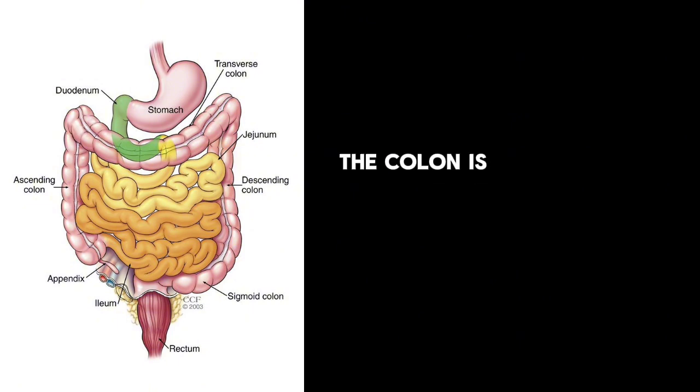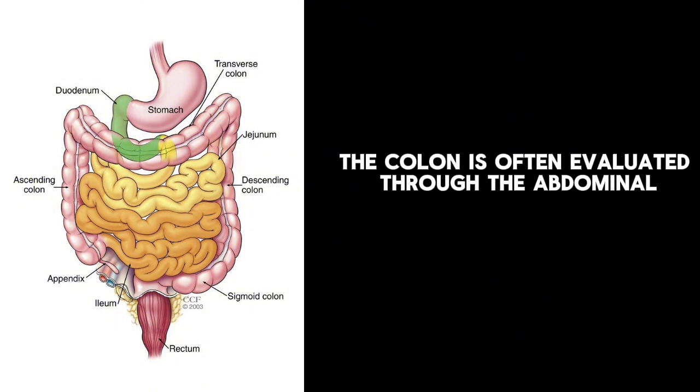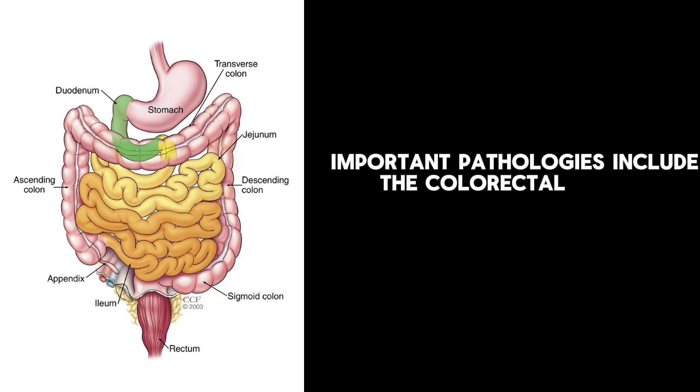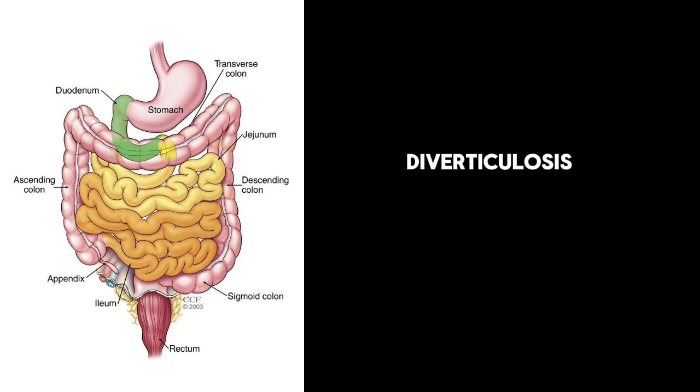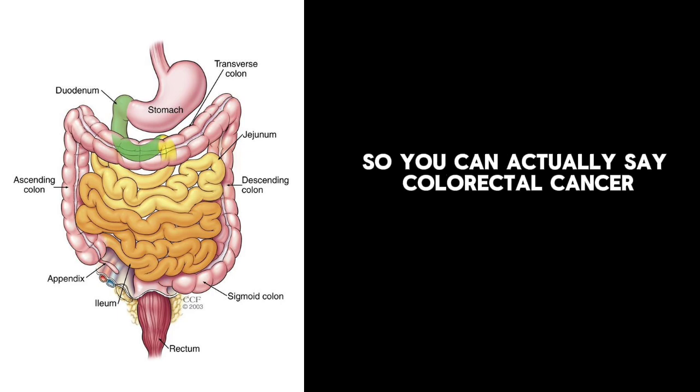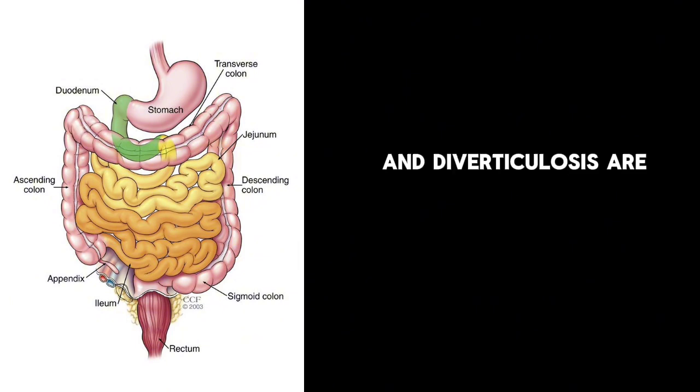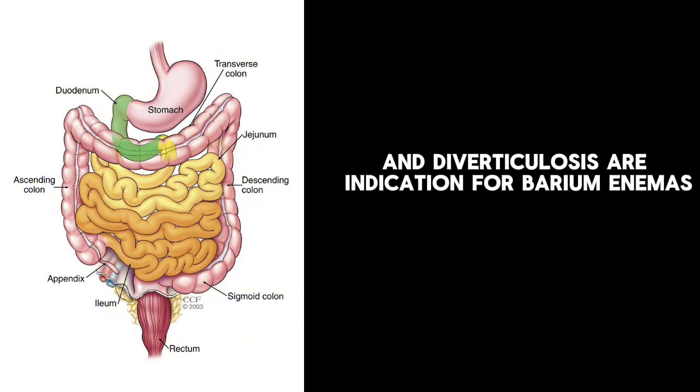Radiologically, the colon is often evaluated through abdominal X-rays, CT scans, and barium enemas. Important pathologies include colorectal cancer, diverticulosis, and inflammatory bowel disease, which can be detected using barium enemas. So you can actually say colorectal cancer, inflammatory bowel disease, and diverticulosis are indications for barium enemas.